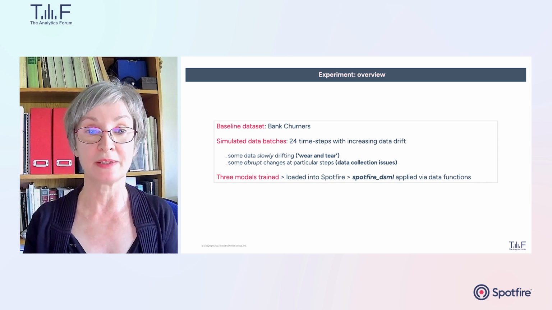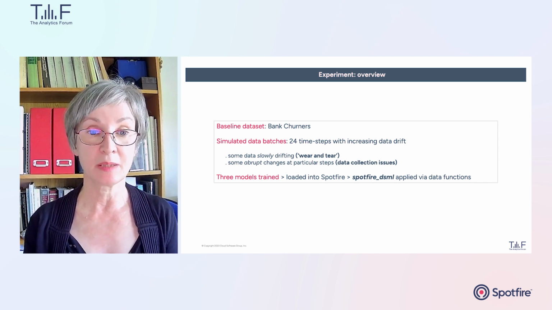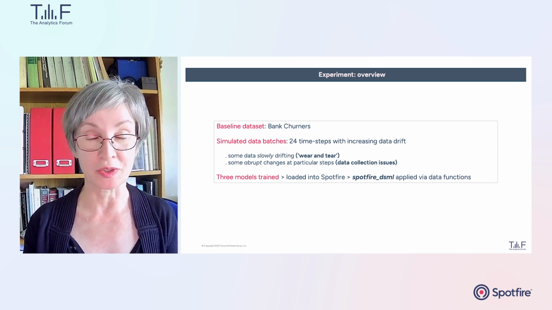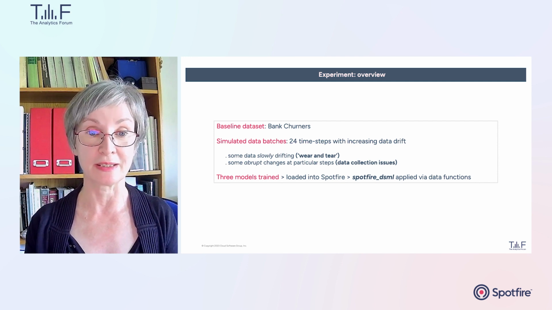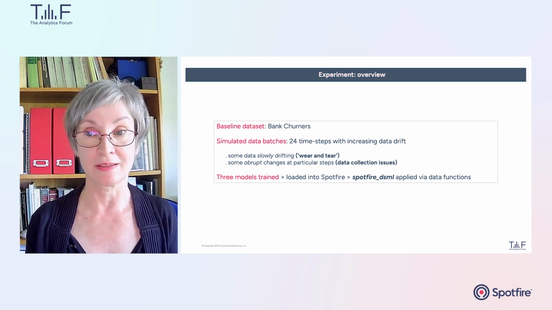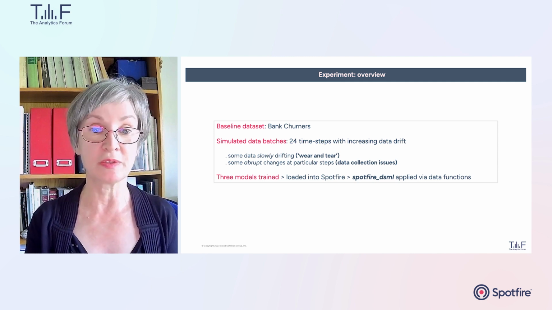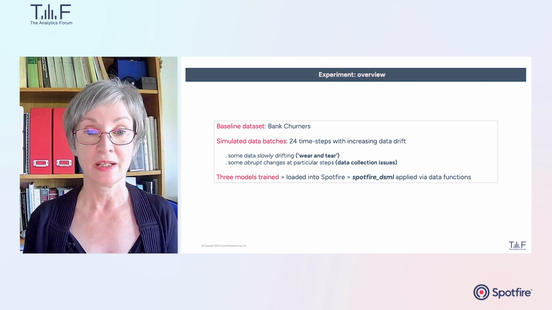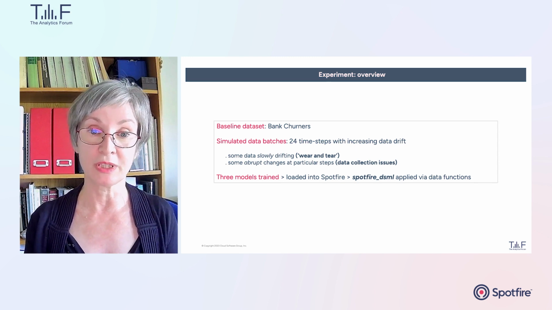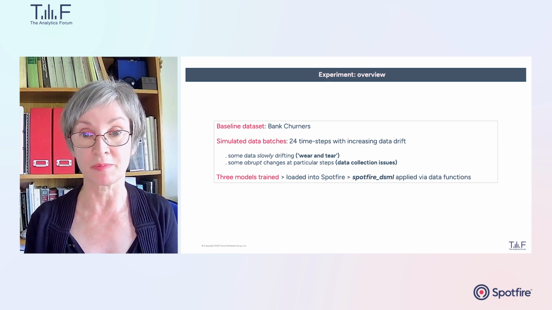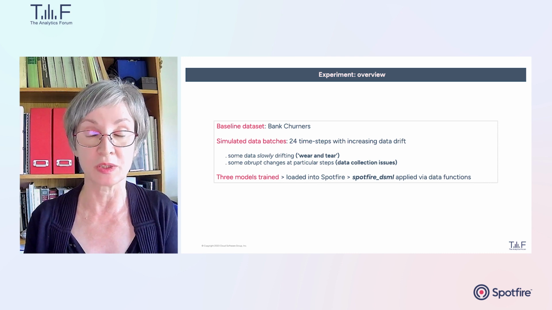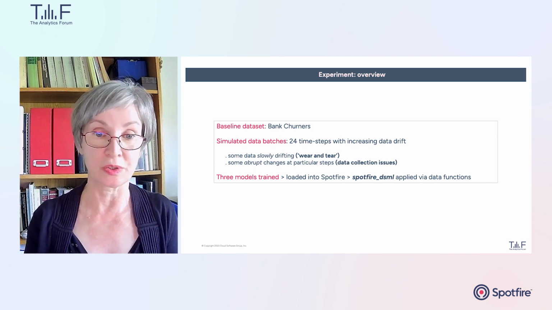Now we're going to show a practical example with the same data set that Marcus described earlier, this bank churners data set. And this is our data set 0, if you like. But then we also generated 24 synthetic data sets at 24 time steps with increasing data drift, something that we decided to add as an indication of drift.